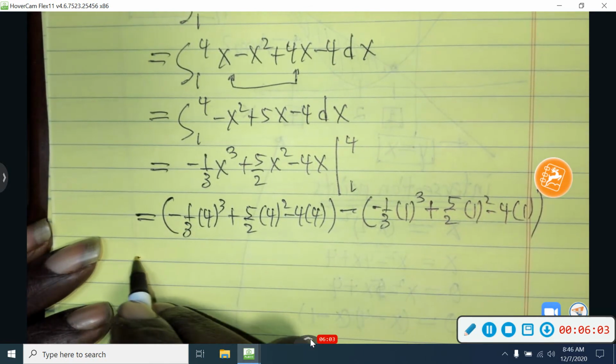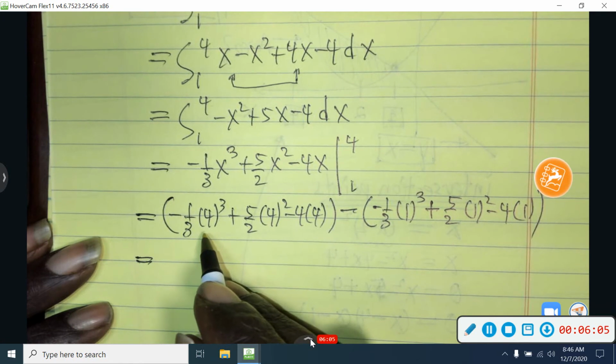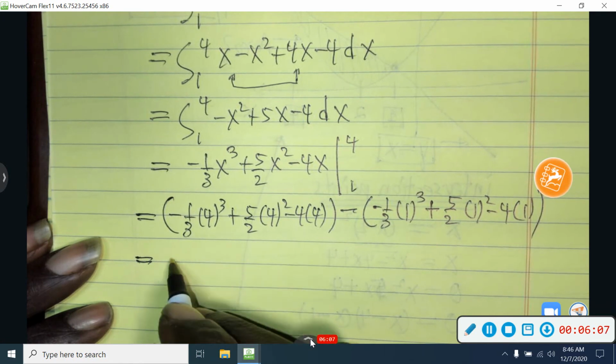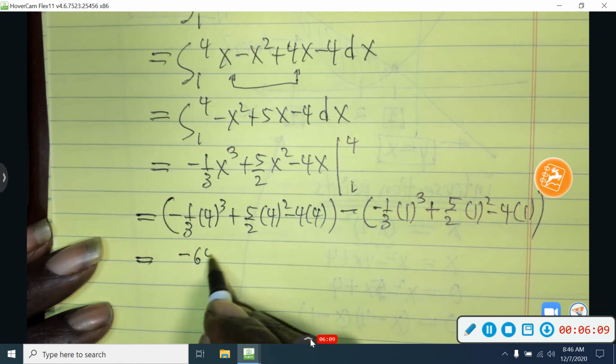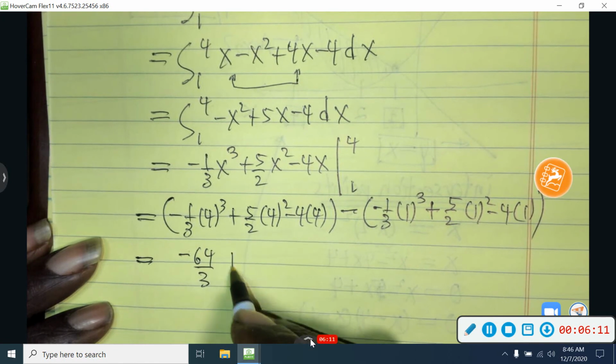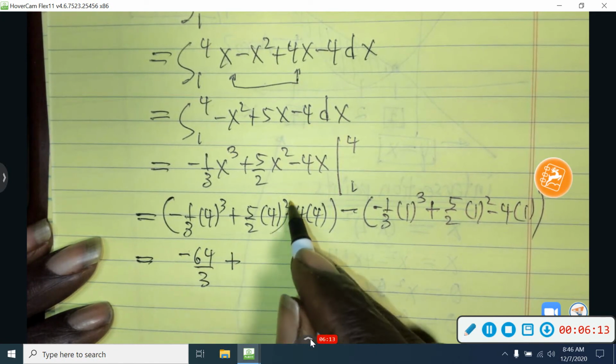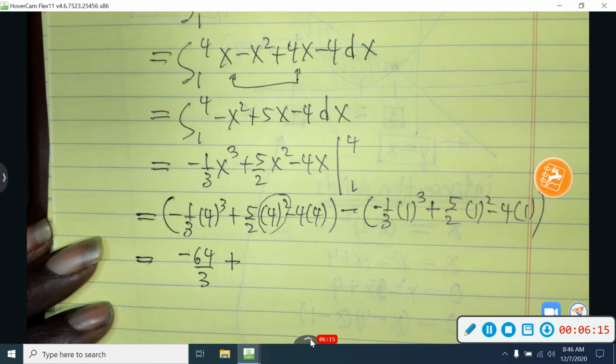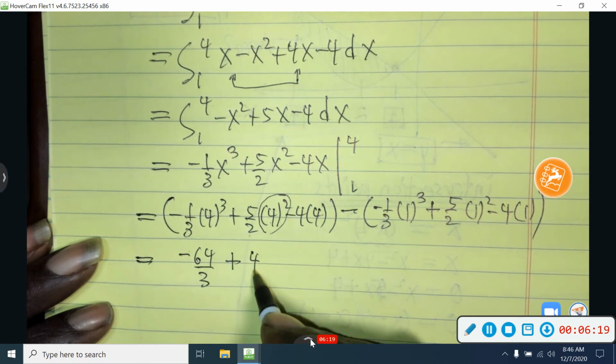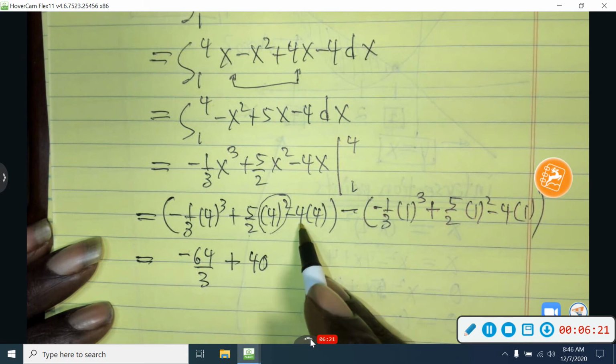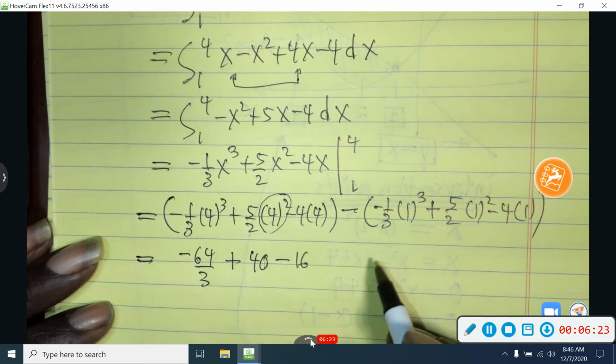Clean this stuff up. 4 cubed is 64, so we get minus 64 over 3. Here's 16, and the 2 goes into it 8 times, so here I have 40. And here you get a minus 16.